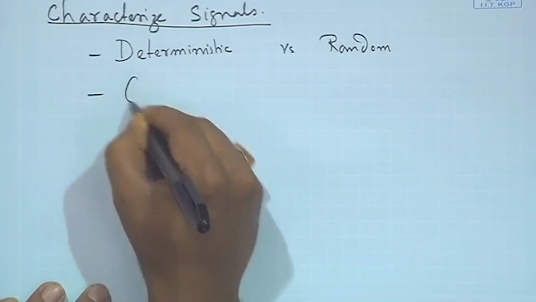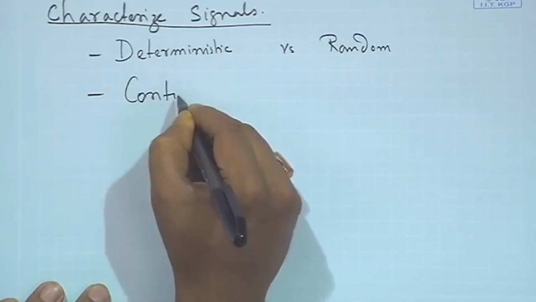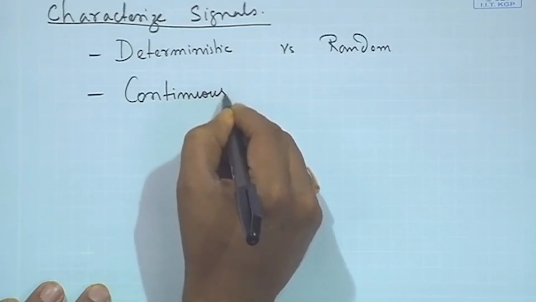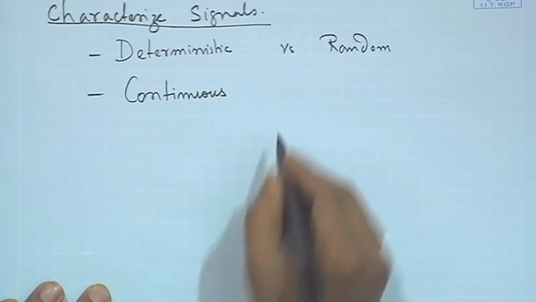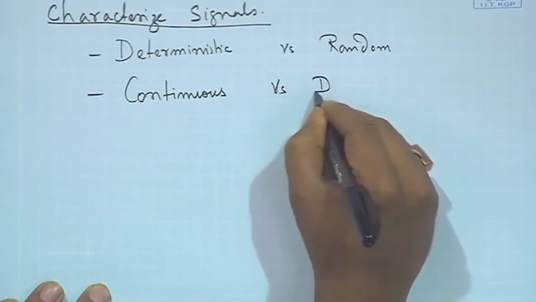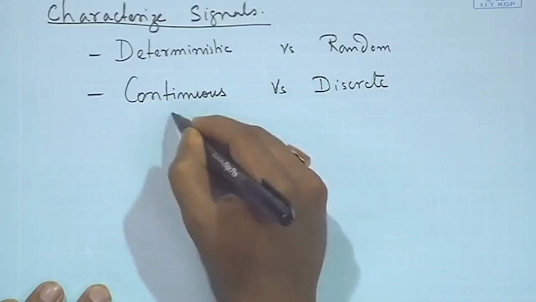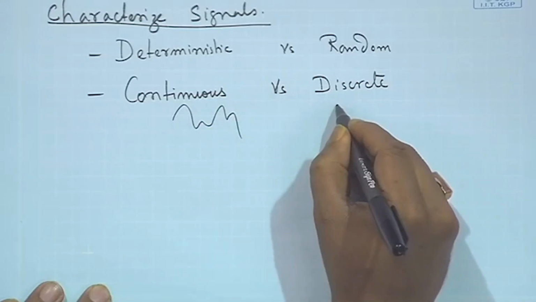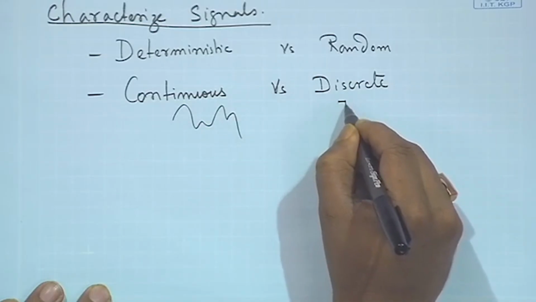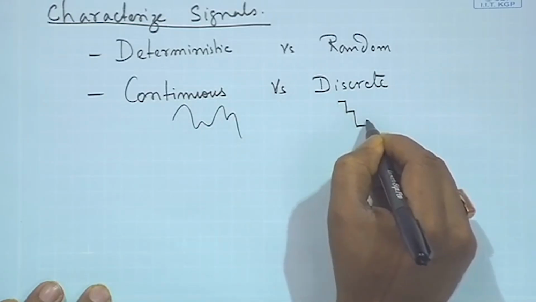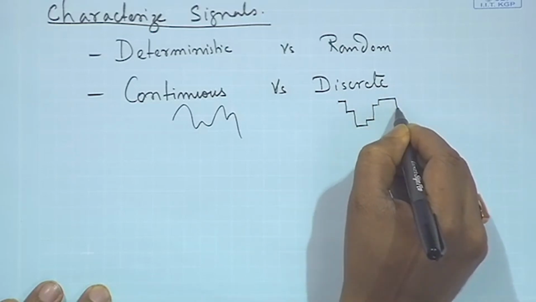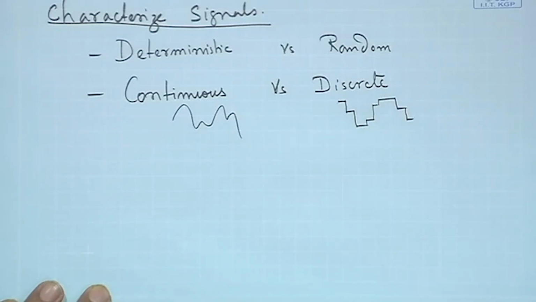You could say that I would like to characterize signals as being continuous versus discrete, right. We had seen examples of continuous and we had seen discrete, right. It takes discrete values.